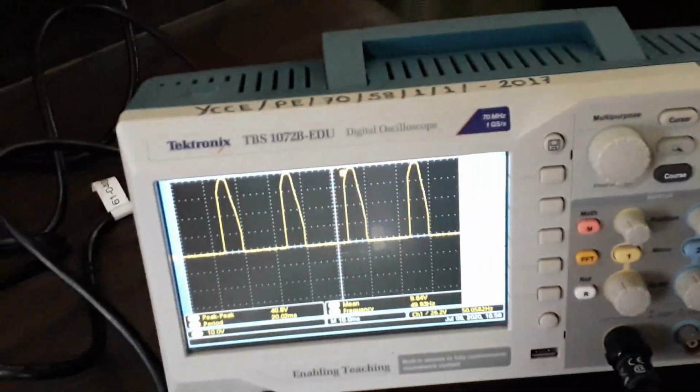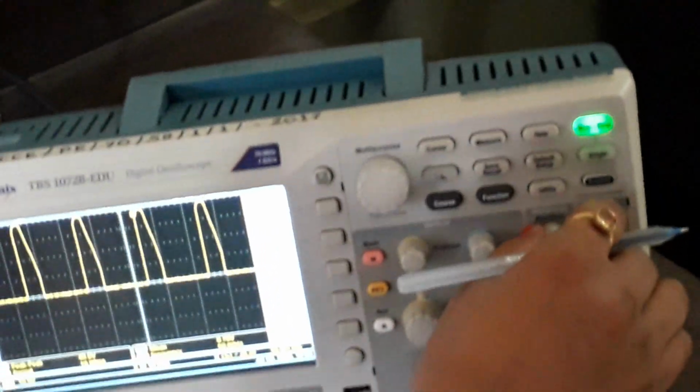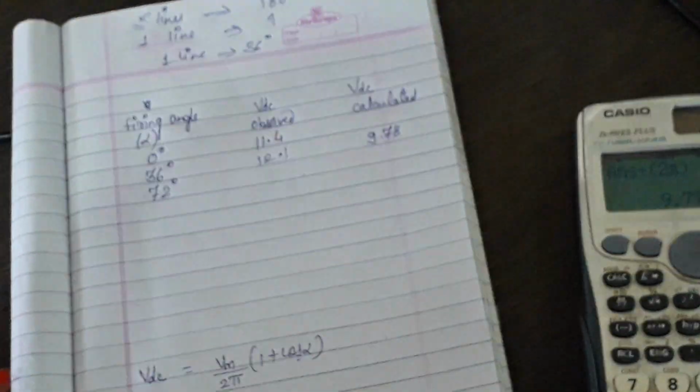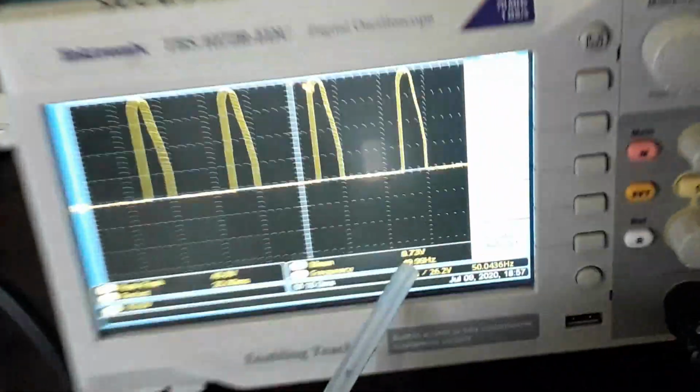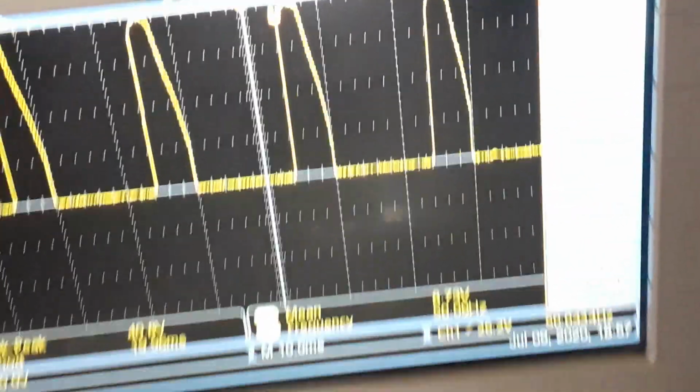Now again I will vary the firing angle alpha. You can see that the firing angle alpha has been varied by 2 lines. 2 lines means 36 into 2, 72 degrees. The mean value is 8.72.